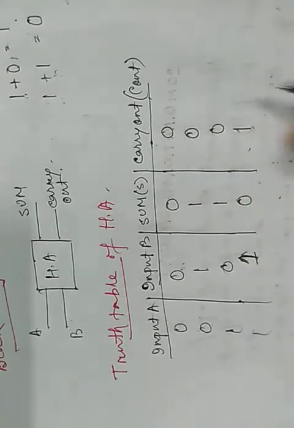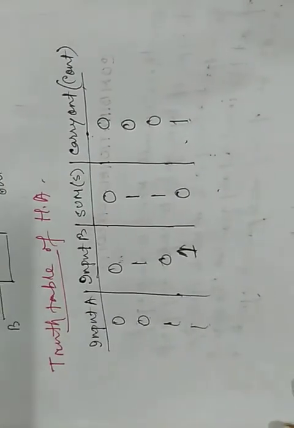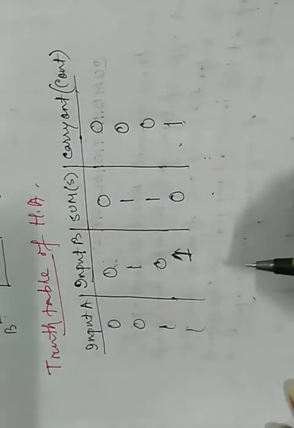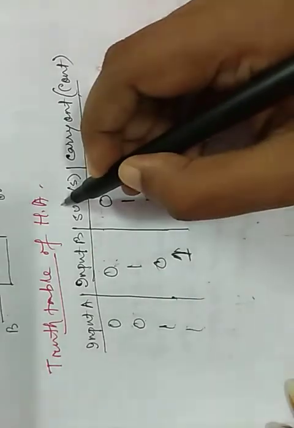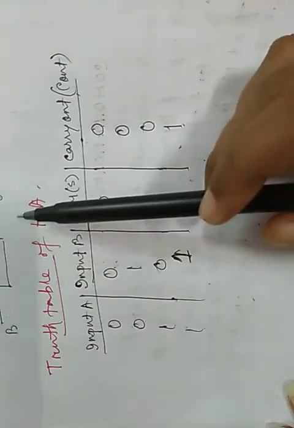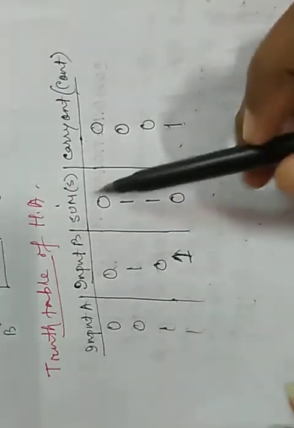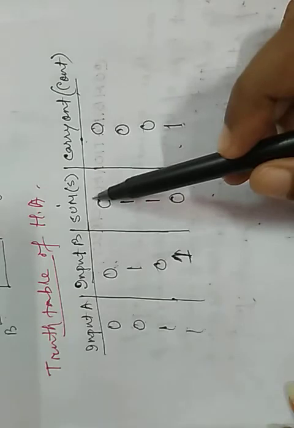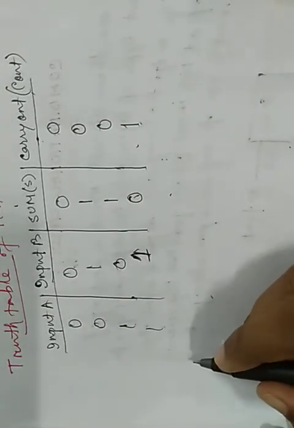Okay. Now we know that we get the Boolean expression from the truth table by using min terms or max terms. In general we take min terms to get the Boolean expression. So in order to get the logic diagram of the output expressions, we need the Boolean expressions of sum and carry.